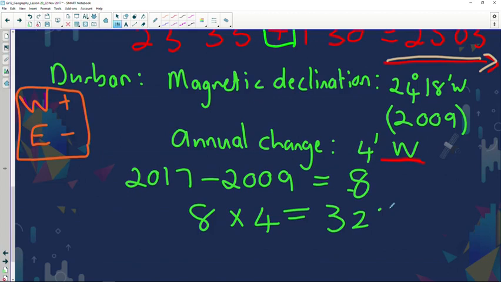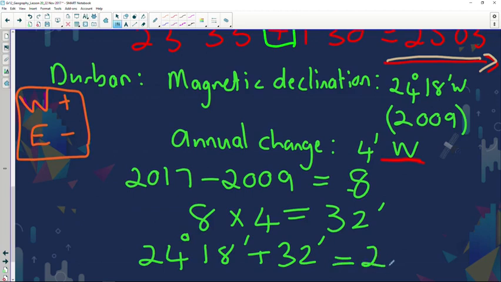Now because the annual change is moving west, what are we going to do? We take our magnetic declination, 24 degrees, 18 minutes, plus 32 minutes. So 18 plus 32 gives us 50 minutes.